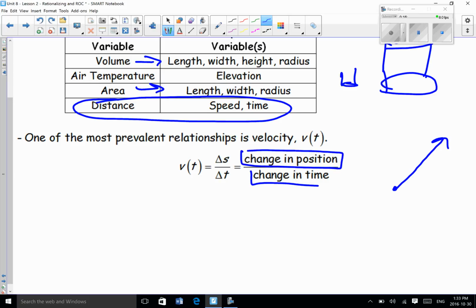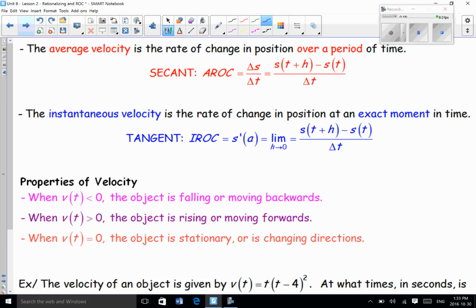And if we divide that by our change in time, we're going to figure out our velocity at that instant. So how far have I gone from there to there? How long did it take? If I want to figure out how fast I'm going at any moment in time, I can figure out the ROC at that single point. That would be our velocity relationship.